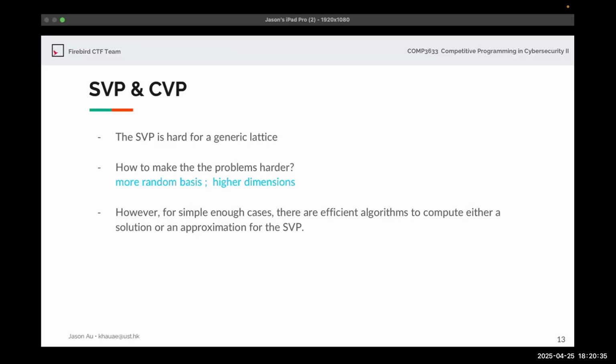For our examples, we use very simple cases of less than 4 dimensions, so it's simple enough for us to do the analysis. And we use efficient algorithms to compute a solution or an approximation for the shortest vector problem.